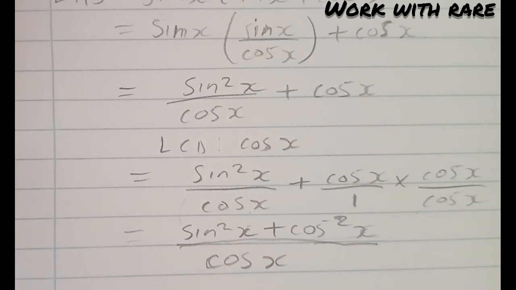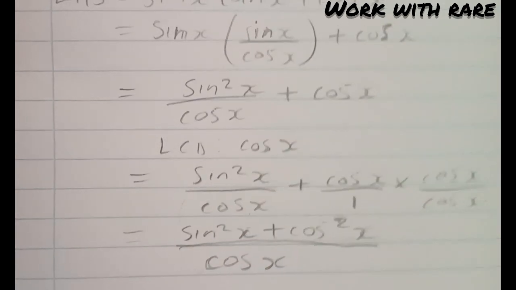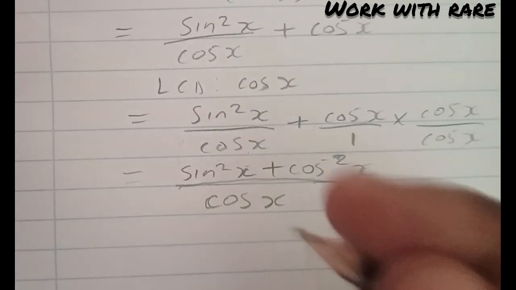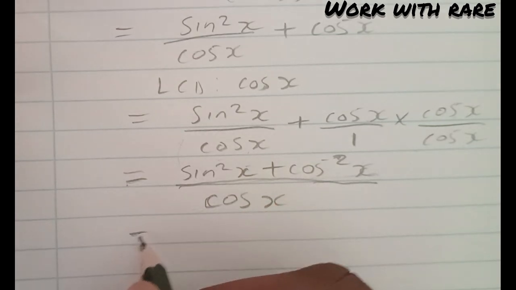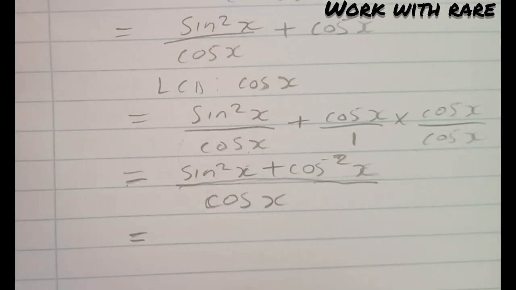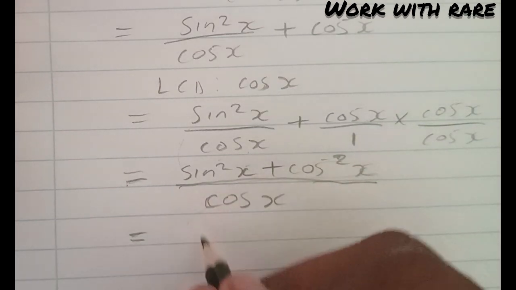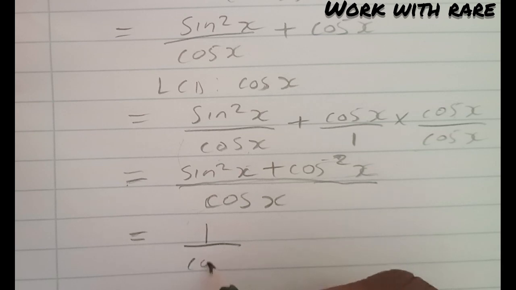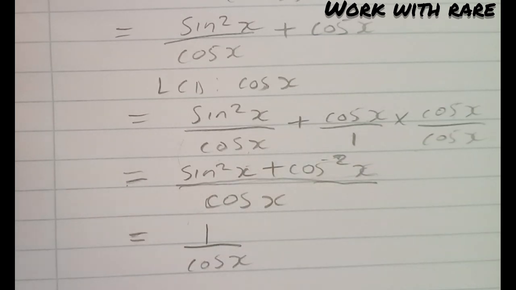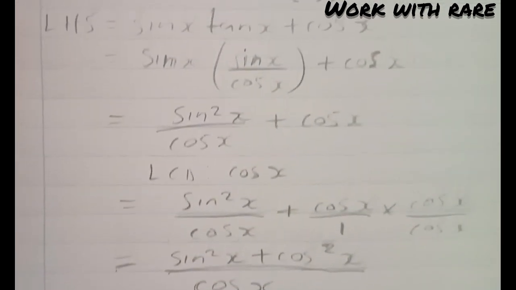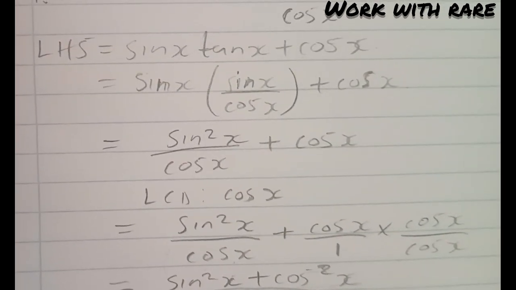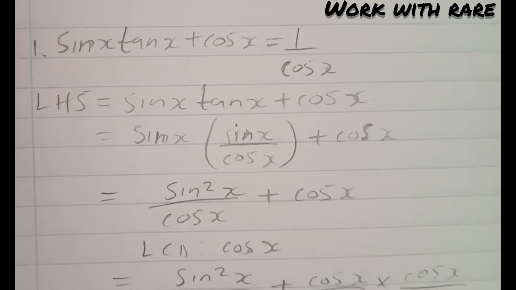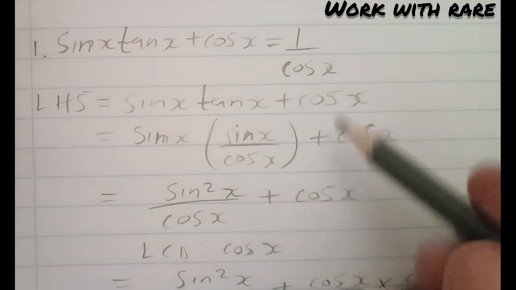Okay, so the next step, remember, one of the identities of trigonometry says cos squared plus sine squared is equal to 1. So this will be 1 over cos x. This is the same as our right hand side.